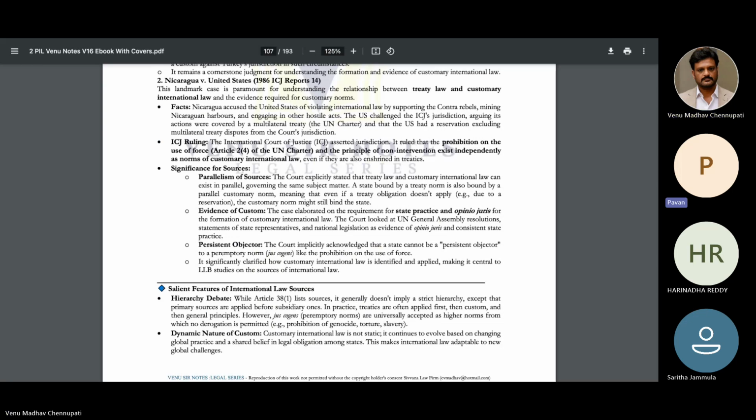Facts of the case: Nicaragua accused the United States of violating international law by supporting the Contra rebels, mining Nicaragua's harbors, and engaging in other hostile acts.